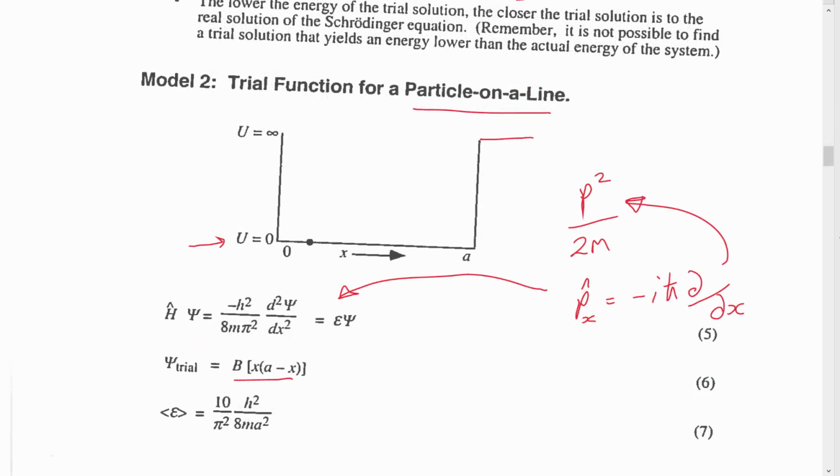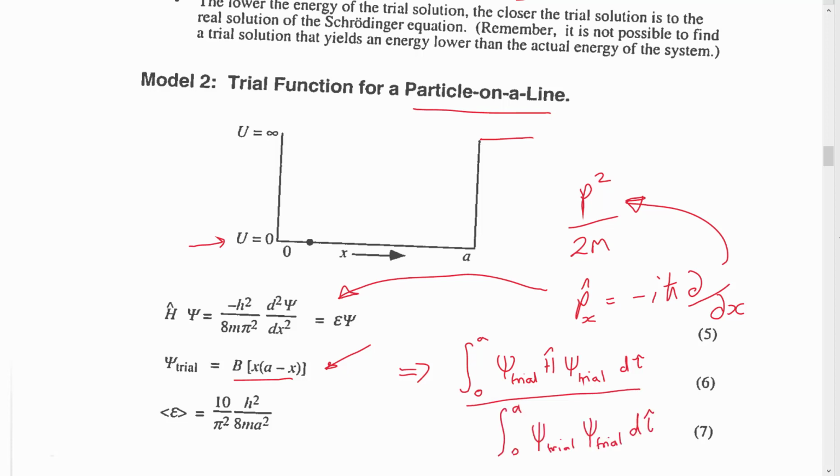The question is, what do we do with this trial function? And the important thing is to apply this trial function to the following equation. Our volume element here, of course, would actually be dx. But what we're going to do is plug this in here.